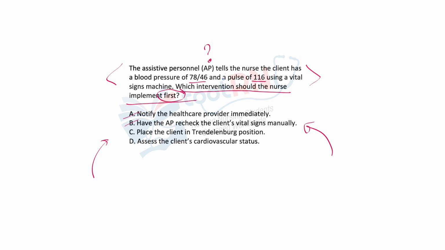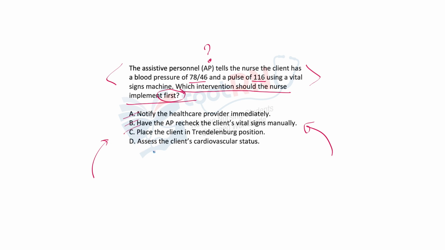Well, again, coming back to our problem, they're truly hypotensive or tachycardic, or it's truly just an issue with the machine. But we can't do something about the problem if we're not sure what the problem is. So first, we got to make sure that we know what's going on here. Is our patient really having a problem, or is it a problem with the machine? So this can't be it.